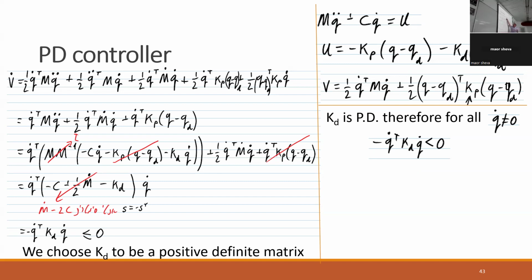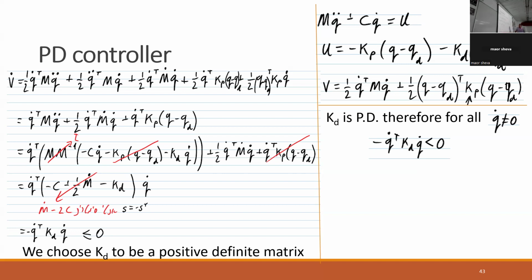Also Kp is symmetric positive definite, and therefore these two terms are the same, because they are transposes of one another, and this is a scalar. The transpose of a scalar is a scalar. So I have twice this term, which is q dot transpose Kp times q minus qd.